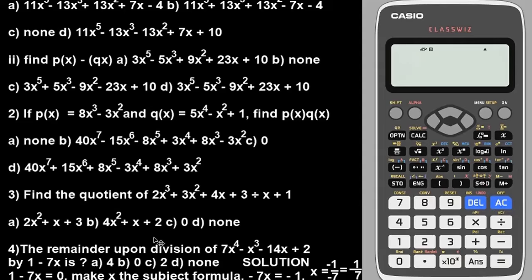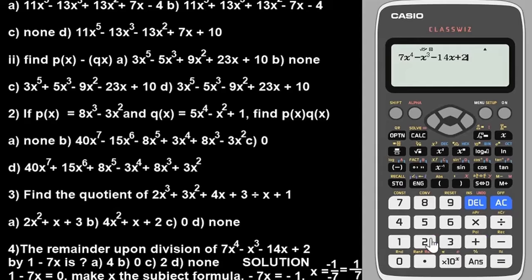So let's go ahead now and store this polynomial. So input 7, alpha x raised to the power of 4, minus alpha x raised to the power of 3, minus 14 alpha x, plus 2.